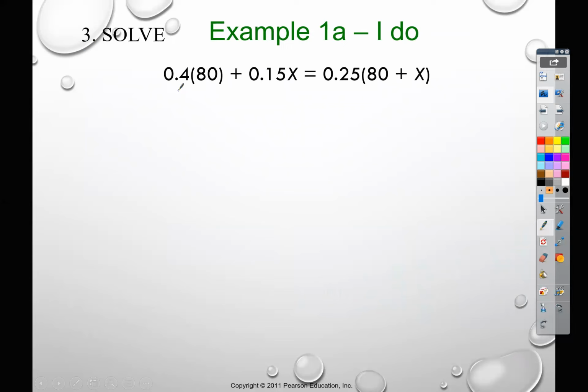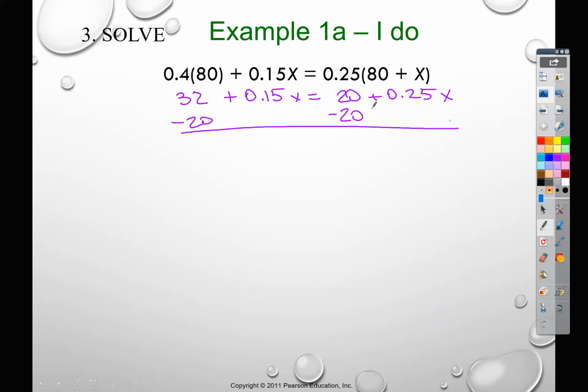Okay, so now we're actually going to solve the problem. If you multiply this out, you get 32 plus 0.15x equals 20 plus 0.25x. Now I'm going to solve it. I'm going to subtract the 20 from both sides. Now I get 12 plus 0.15x equals 0.25x.